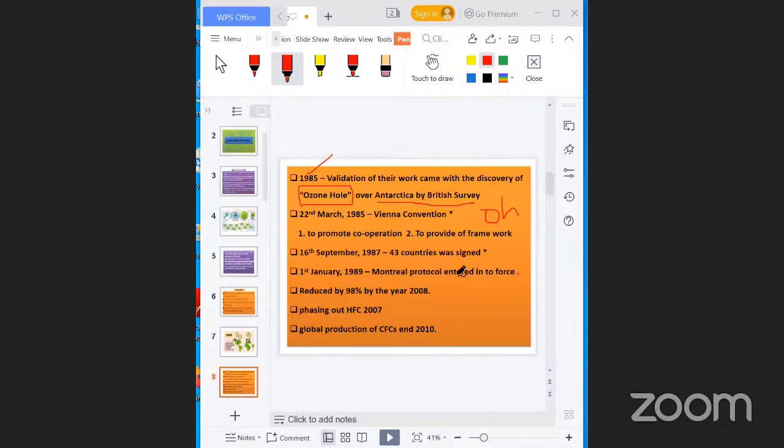This discovery came as a shock to the scientific community. Why? Because the levels were far lower than anybody had expected. NASA satellite measurements of Antarctica had not found these low ozone levels.